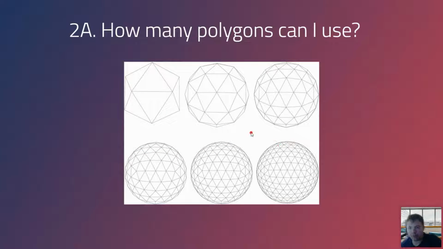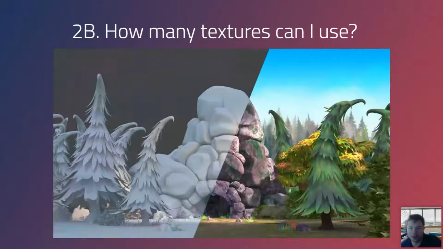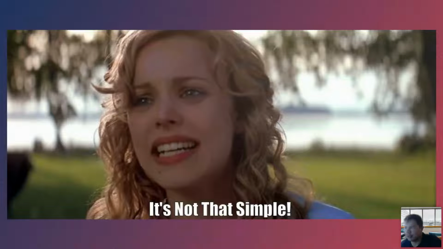But both things, texturing and polygons, and as well the number of objects in your scene, decide how well performing your scene will be. So as I said, it's not that simple.